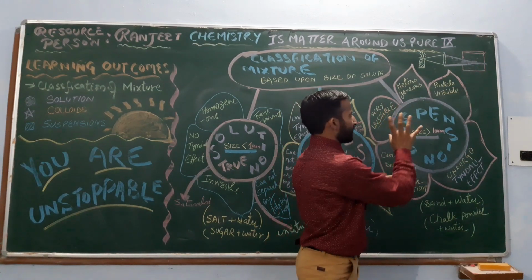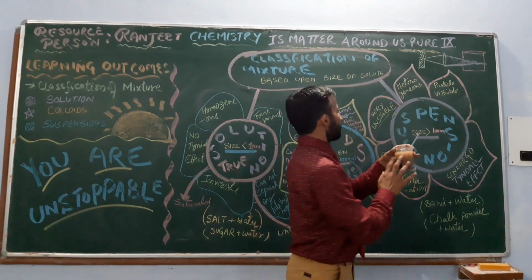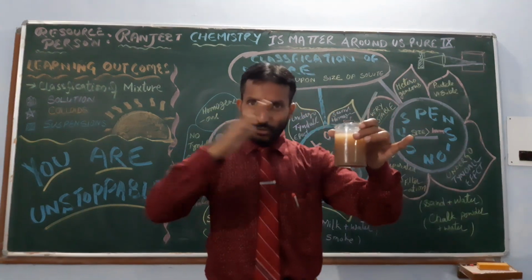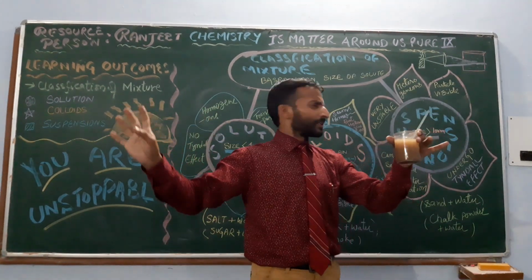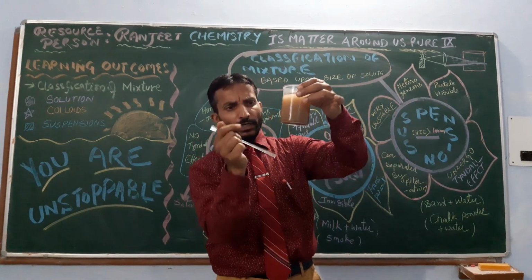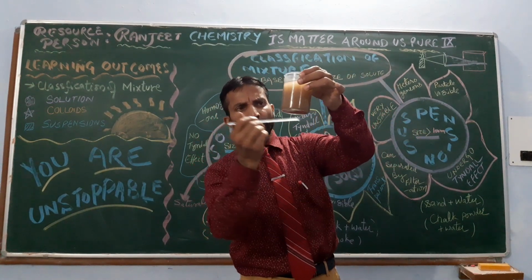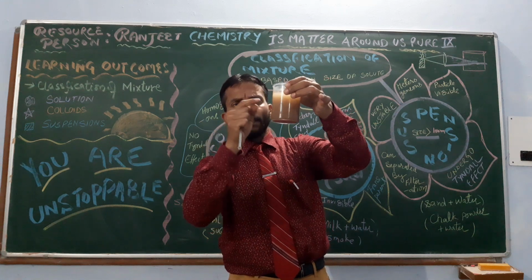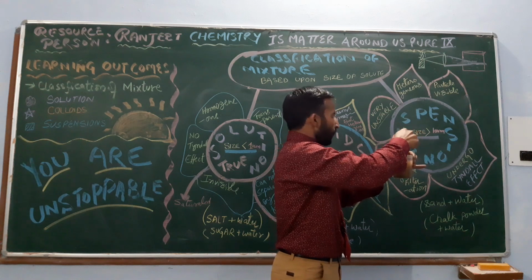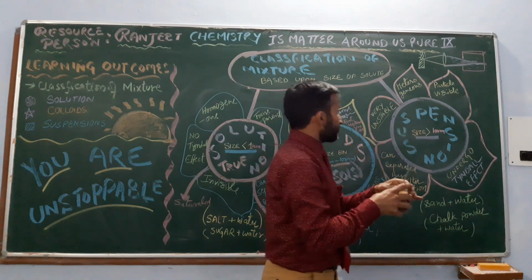So the particles are visible here. It is heterogeneous, with two different phases. You can see that after some time the particles are more concentrated at the bottom, and at the top there are fewer sand particles. What about the stability?